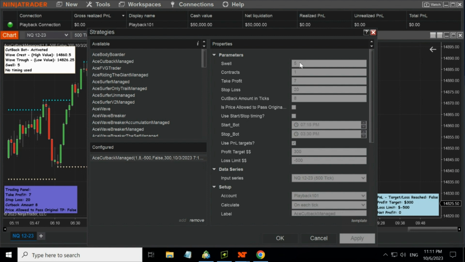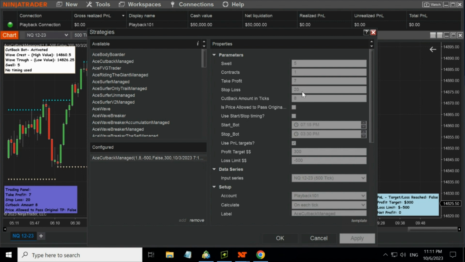Today I'm running a 5 swell, so I've got my 5 swell on. I am running one contract. Because it's in the US daytime, I know that it's going to be quite volatile, so I don't want to put myself up to too much risk. I'm looking for a 7-tick take profit and a 20-tick stop loss.